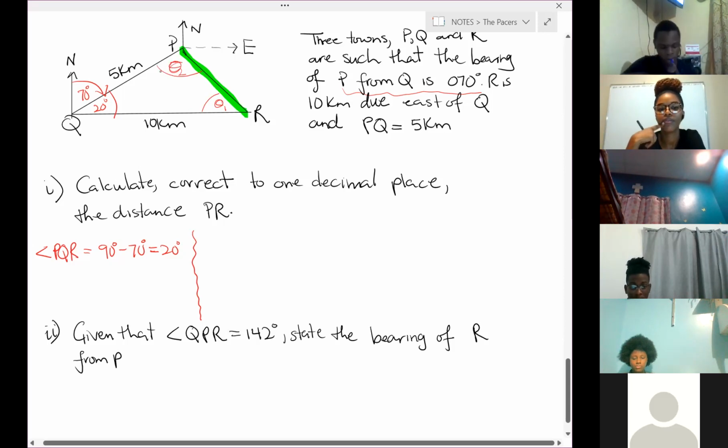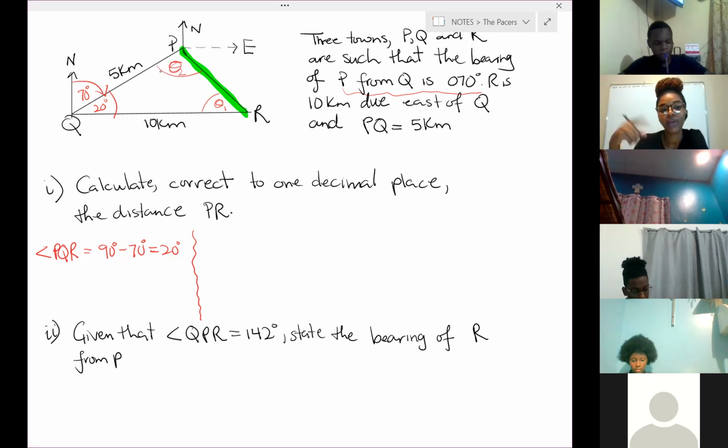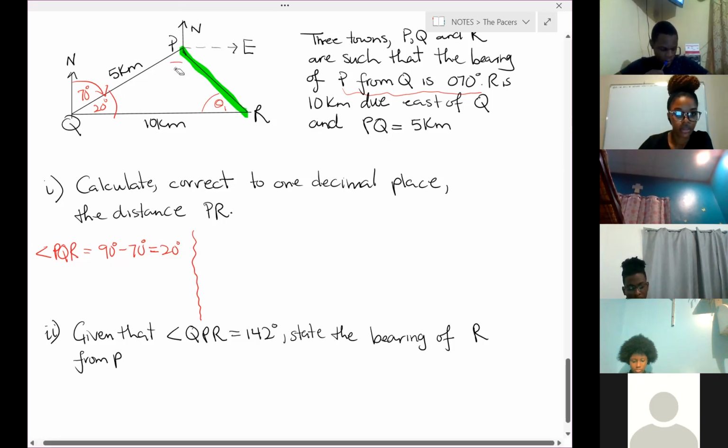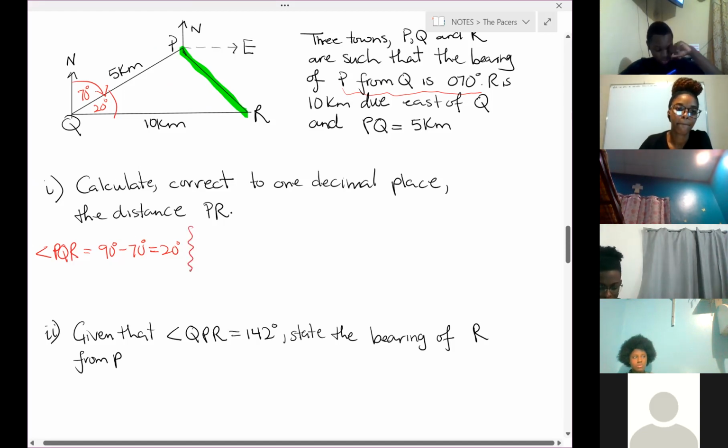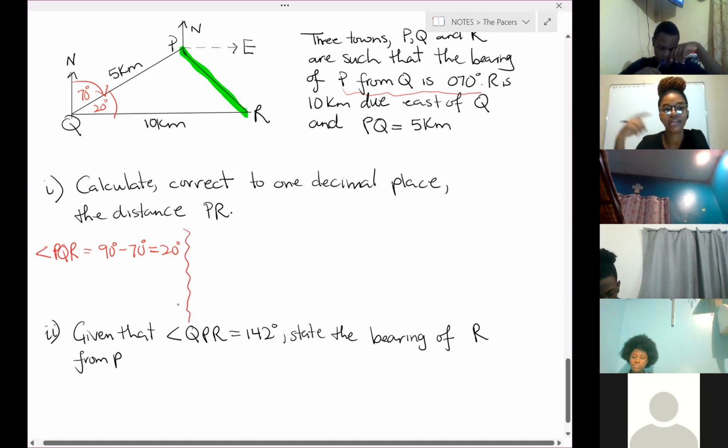So another method, Leah. When we're dealing with triangles that are not right angle triangles, what methods come to mind? How do we work out missing lines and angles of triangles that are not right angle triangles?